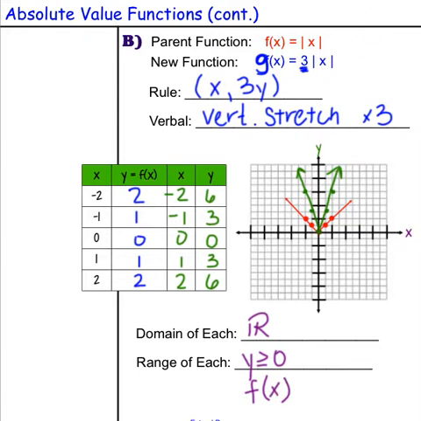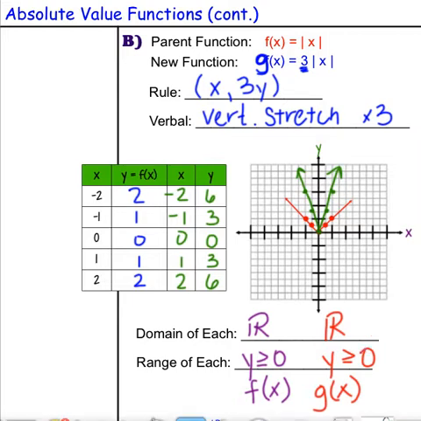Now g of x, just because it stretches taller, it just takes a little longer to get out wider, which means it doesn't change anything, so it is still all real numbers. And our vertex is still at 0, 0, so that means that our range is still y is greater than or equal to 0.